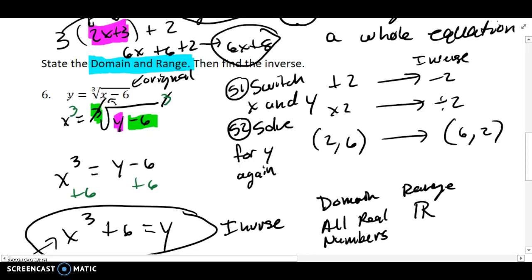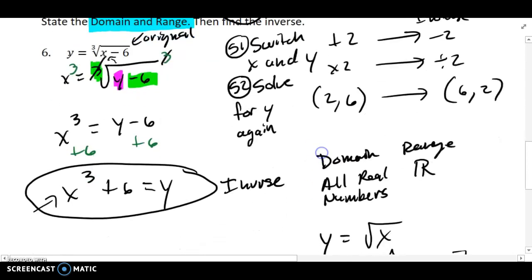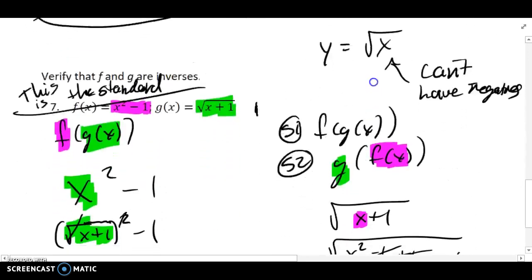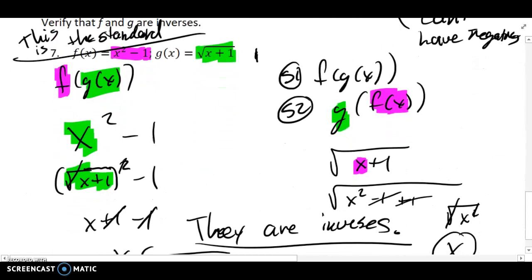So that being said, make sure you understand that what I did first is kind of the A-level question, being able to find an inverse of anything. Give you something, find an inverse. The B comes from doing function composition. So if you can't do function composition to prove inverses, then we're going to have some trouble. Okay, so make sure you understand how to do this last part. That's the important part.